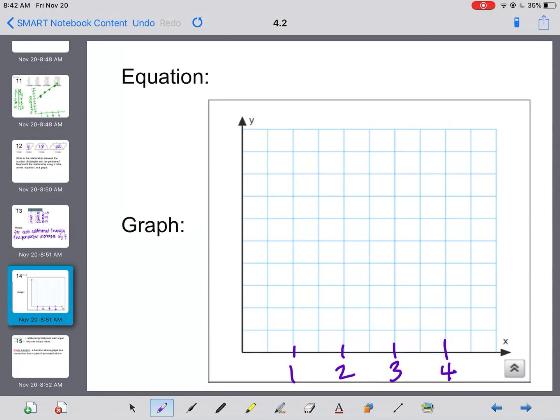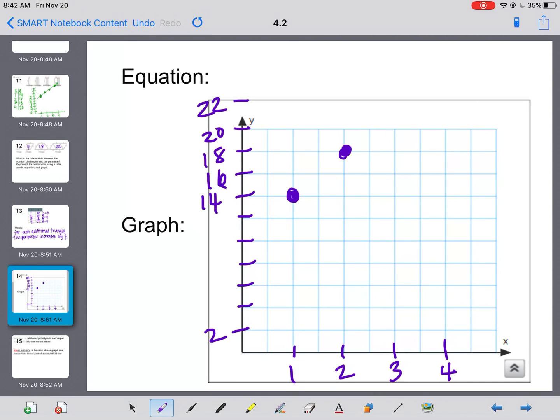The graph might be easiest. I only need to get to 4, so here's 1, 2, 3, 4. But up on the y's, I need to get to 22. That would be way up here if we count by 2's. 14, 16, 18.